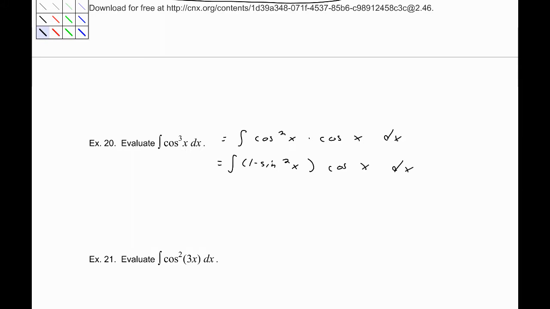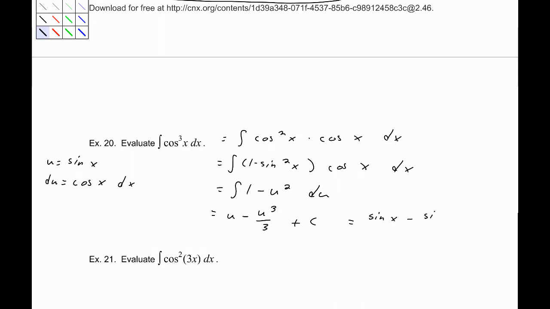Alright, so u can be sine x, du will then be cosine x dx. So this is the integral of 1 minus u squared du. Alright, that'll be u minus u cubed over 3 plus c, which, plugging our u's back in now that we have taken the antiderivative, is sine x minus sine cubed x over 3 plus c.